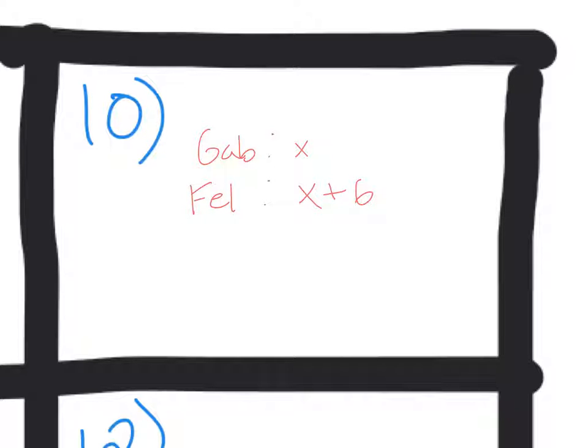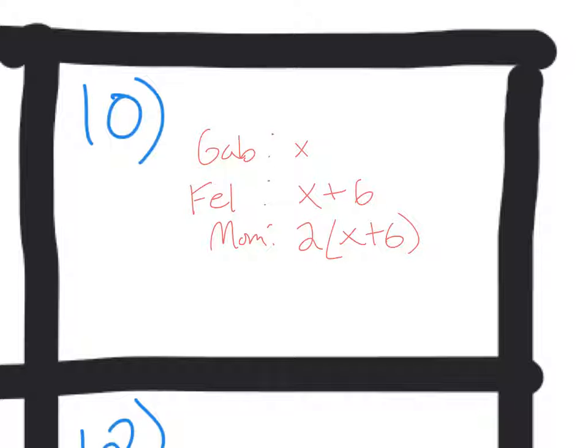Their mother is twice as old as Felicia, so Mom, whoever that is going to be, twice the age of Felicia, so you have to multiply Felicia times 2. And this is probably the tricky part, recognizing that you have to take X plus 6 and multiply the whole thing by 2, using parentheses for X plus 6.